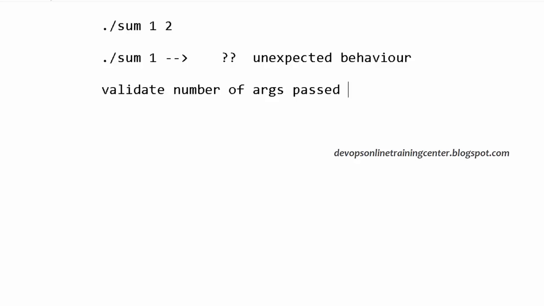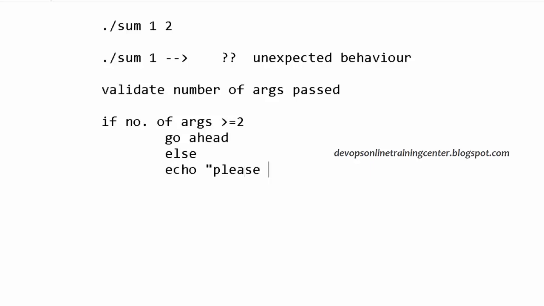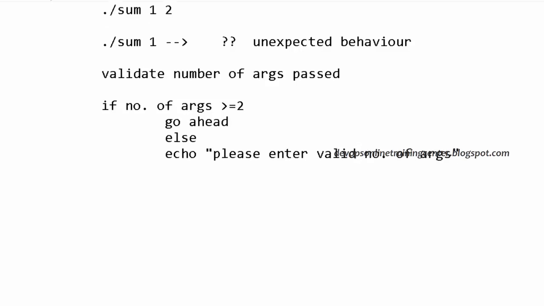While validating, we have to check if the number of arguments is greater than or equal to 2, then go ahead and print the sum. Else just exit after printing a message. What is that? echo, please enter valid number of arguments.